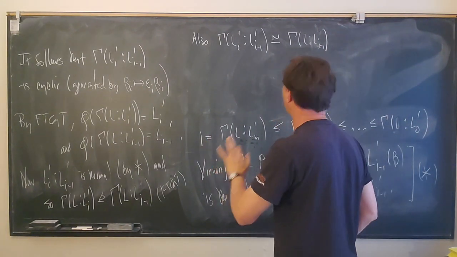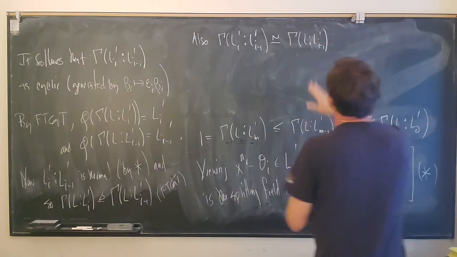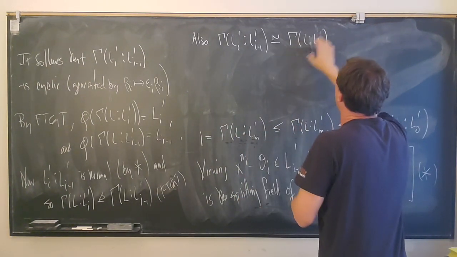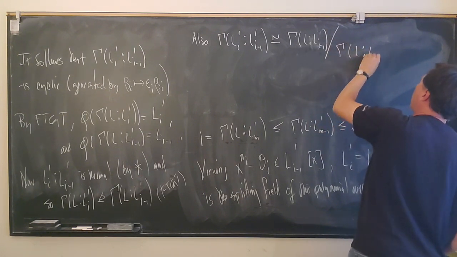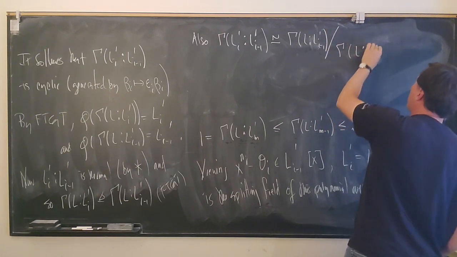Oh, no, we're good. I don't need an L prime. It's L. So this is L_i prime, mod gamma of L over L_i prime.